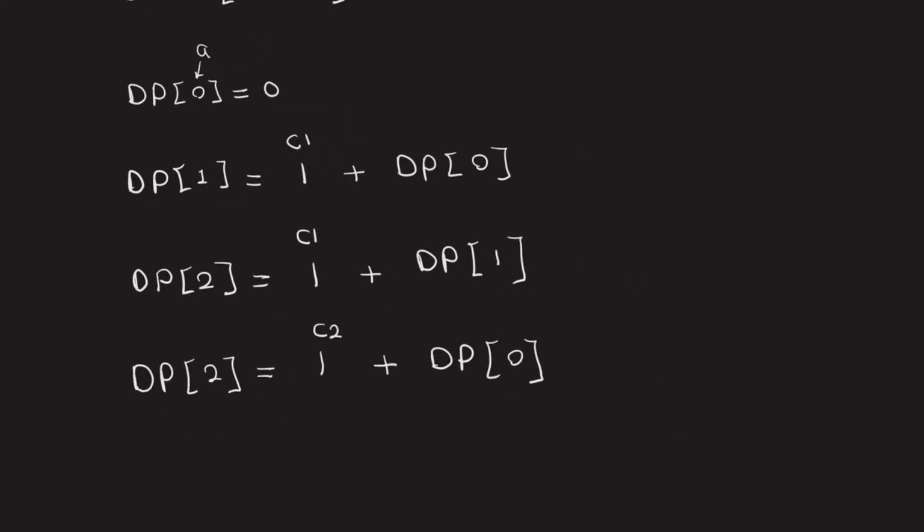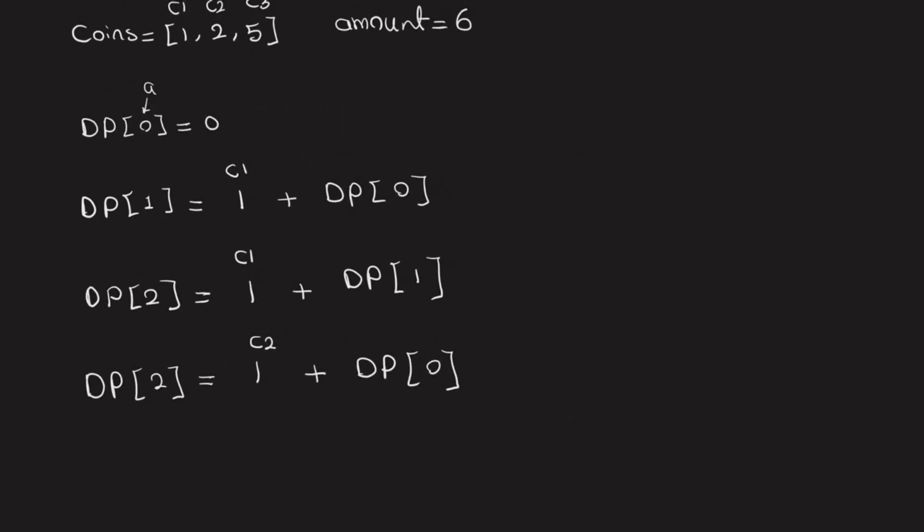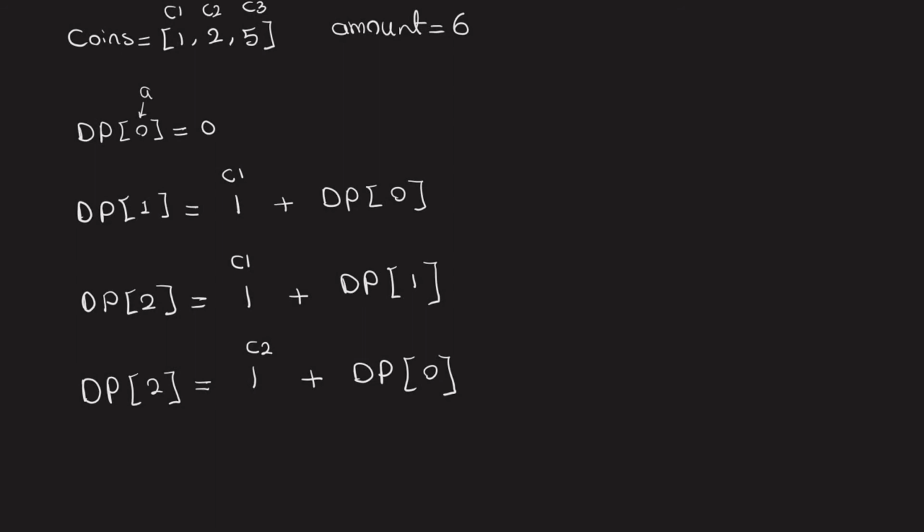So let's go forward with this approach. So here we know DP0 is 0. So we can put it as 1. For this one, DP1, we just calculated as 1. So it's going to be 2. For DP0, we calculated already, that is 0. So this one is 1.